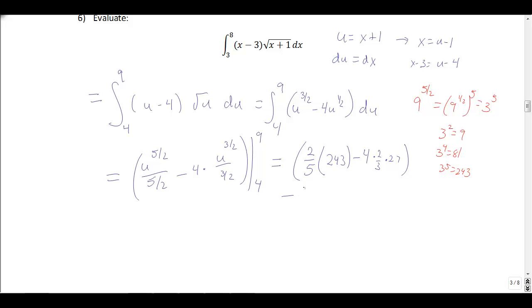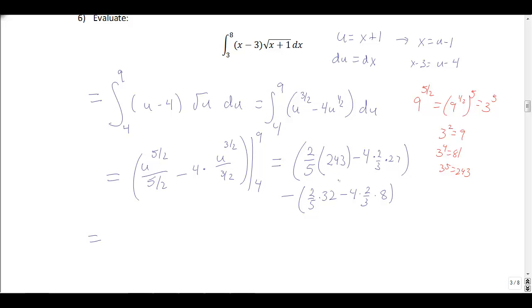Now I need to plug in 4. When I plug in 4, square root of 4 is 2. 2 to the 5th works out to be 32. 4 times 2/3. When I plug in 4 to u to the 3 halves, square root of 4 is 2 to the 3rd, that's 8. So I end up with, well, probably a mess here.